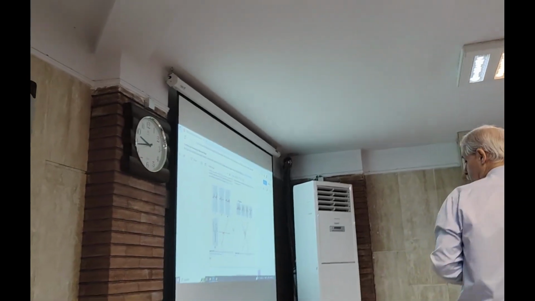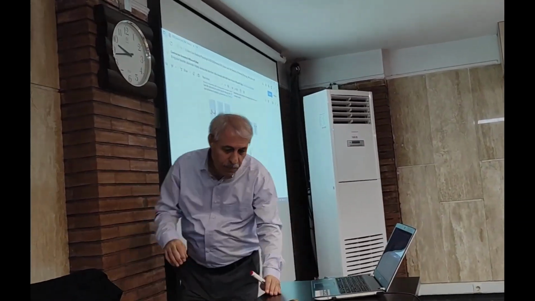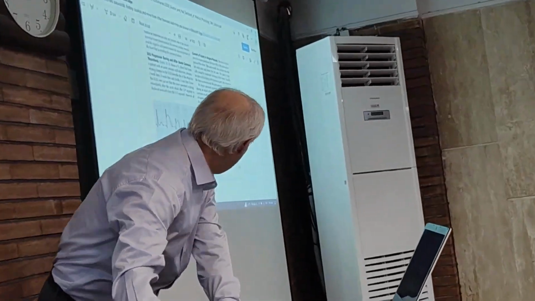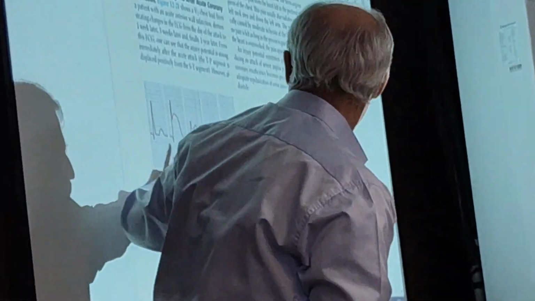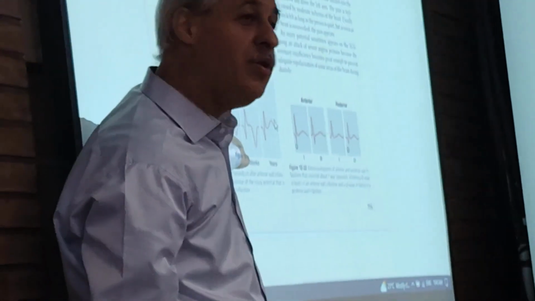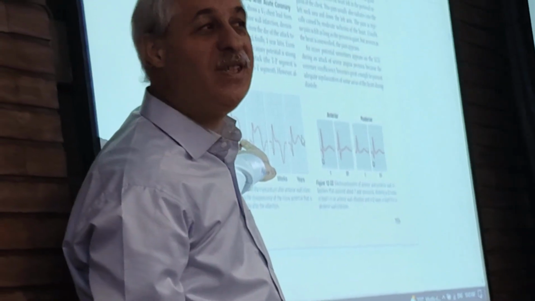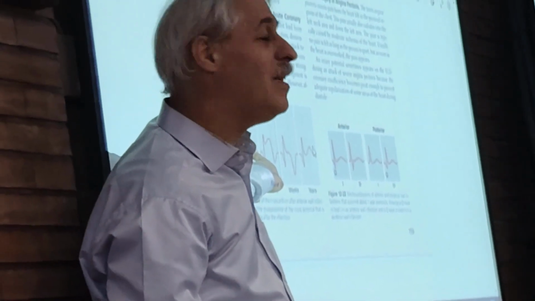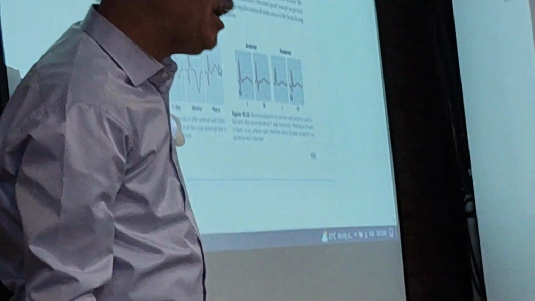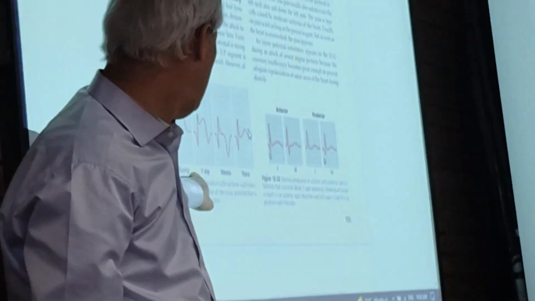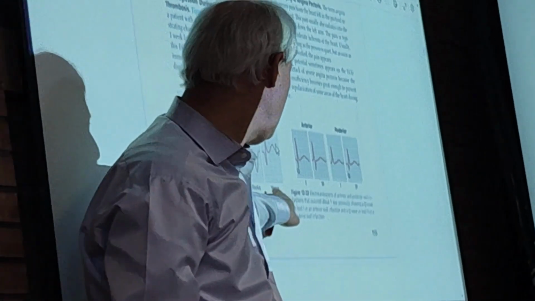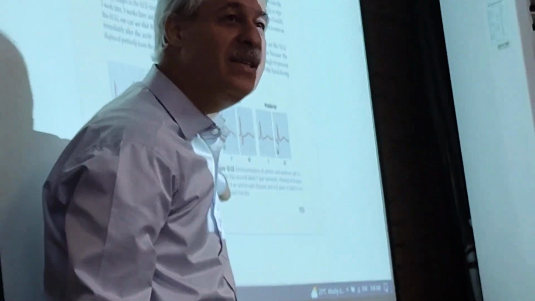Take a look at these pictures. See, this is the normal ECG trace. This is acute infarction. And then this is during acute infarction, 1 day, and then a week, a year later.